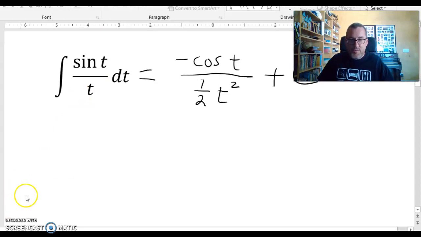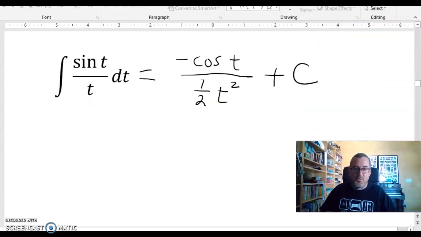Sometimes, when I've done this in the classroom, students will say, well, the antiderivative of sine t is negative cosine t, because the derivative of cosine is negative sine, so you have to counteract with the negative. The antiderivative of t, you increase the power by 1, and then you need a 1/2, so I think that would be it.